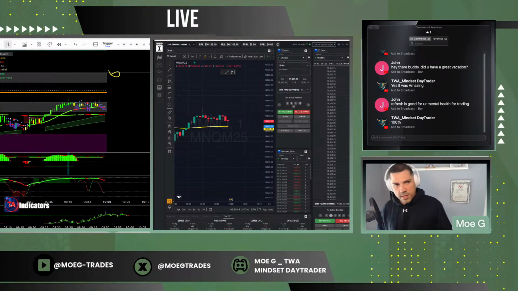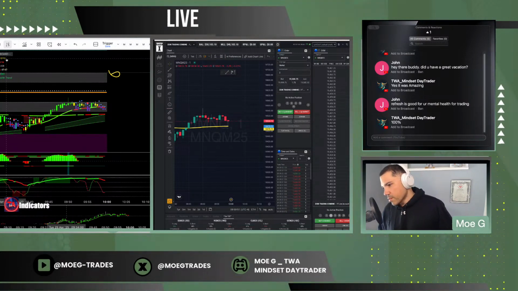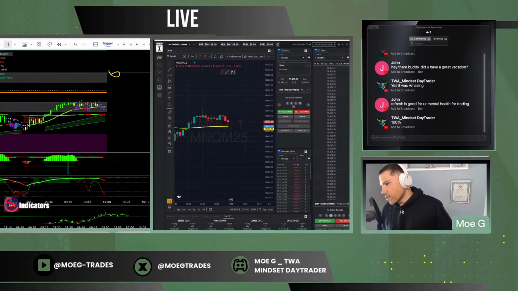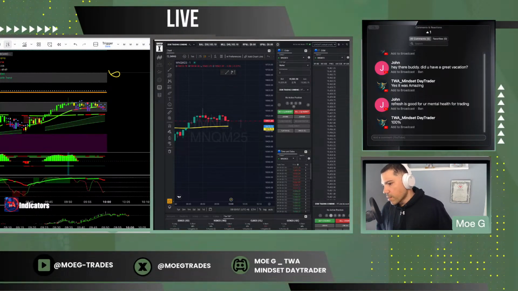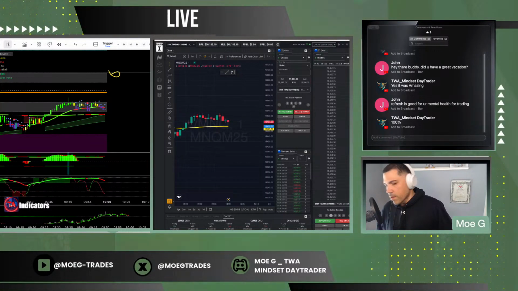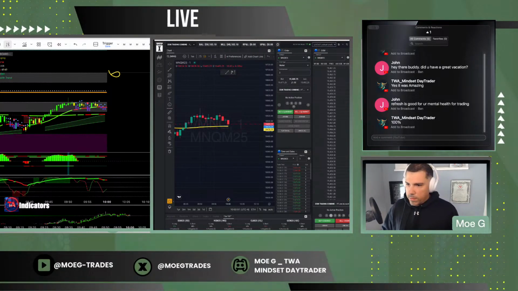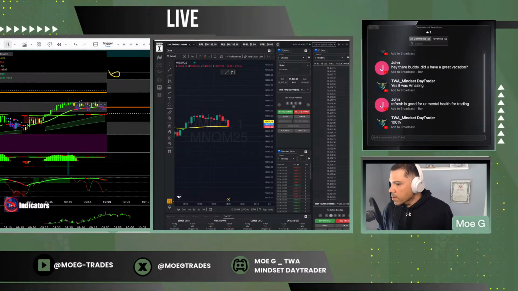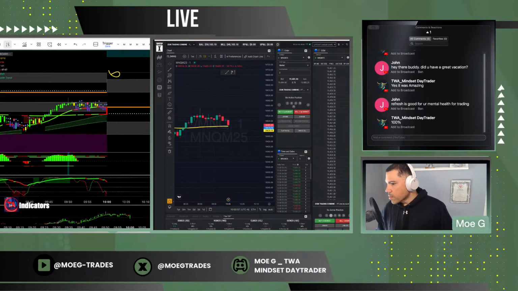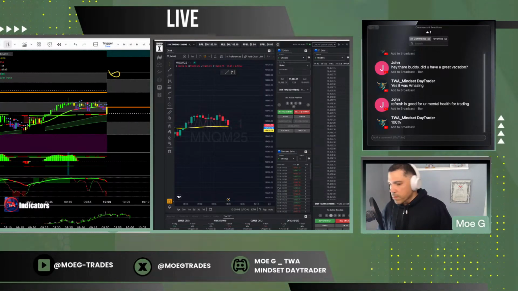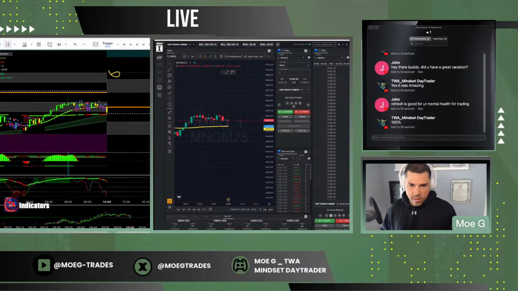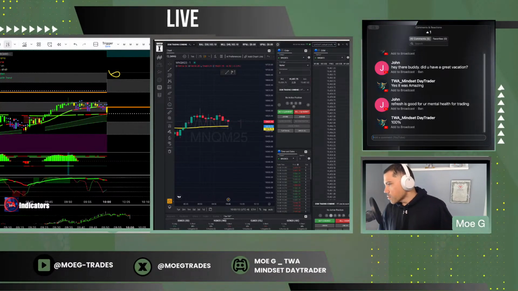Well, anyway, you can see it here. This top is yellow. Let me see if I can move it over here.